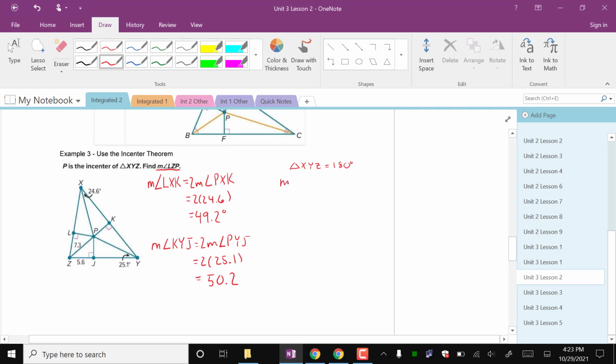The measure of angle LXK plus the measure of angle KYJ plus this last one right here, the measure of angle LZJ. That's our only unknown one, equals 180 degrees. And this is known as the triangle sum theorem.